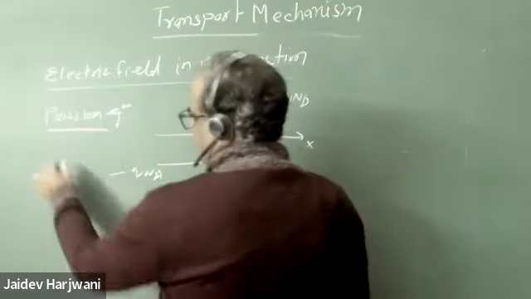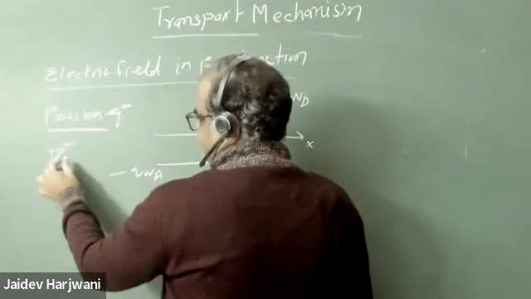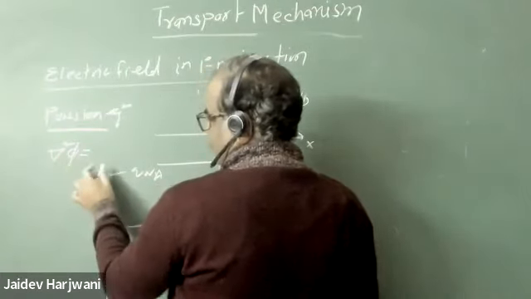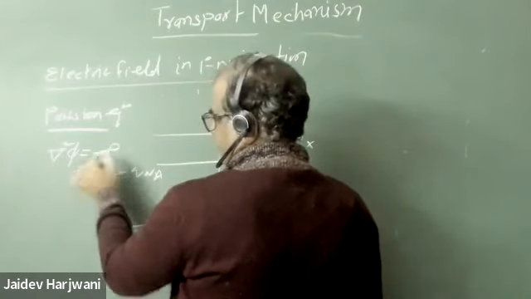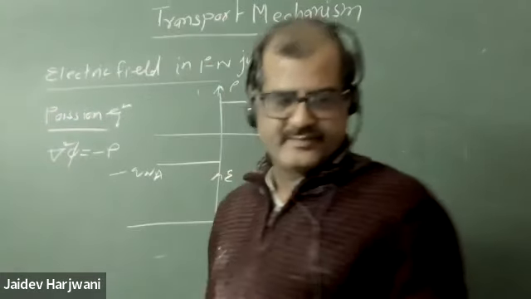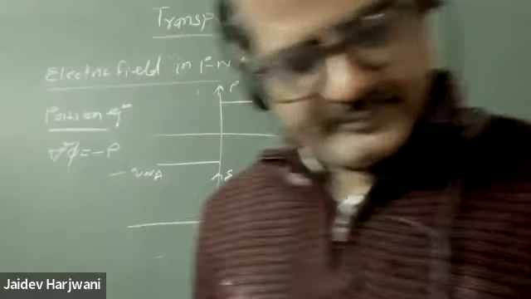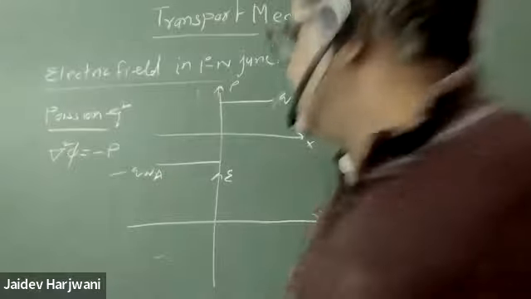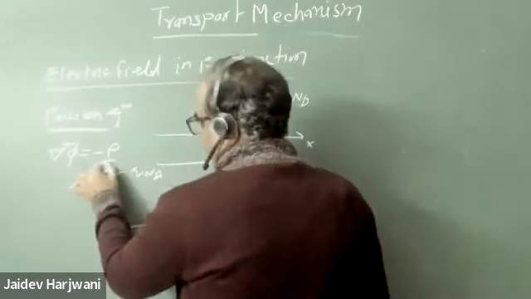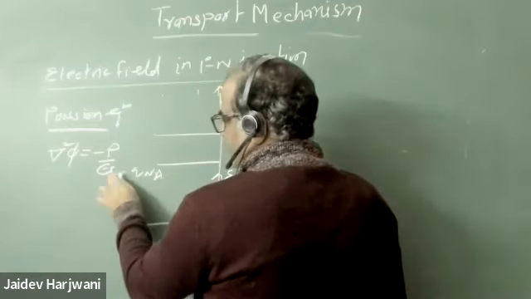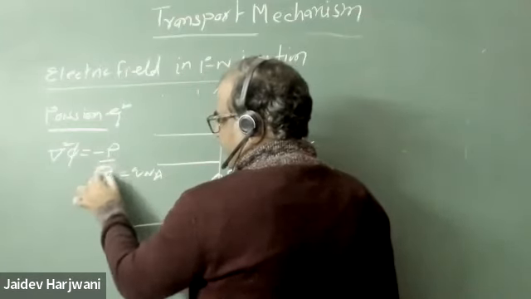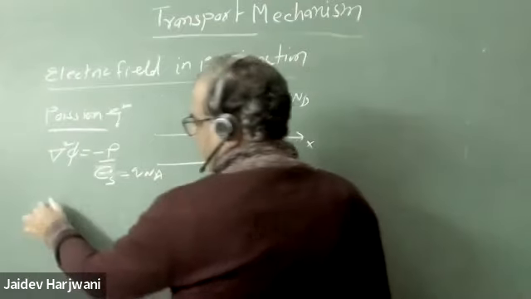So Poisson's equation says del square phi equals minus rho upon epsilon naught. Here, instead of epsilon naught, I will write the permittivity of the semiconductor, epsilon S.